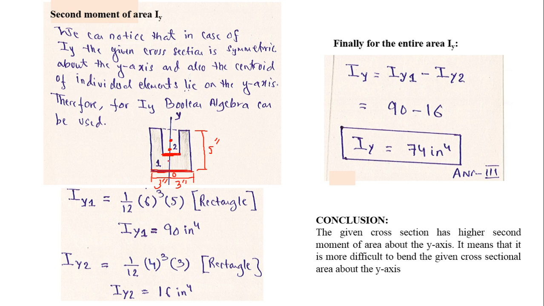Since this is 1 inch, this was given to be 1 inch, therefore this dimension appears to be 4 inches, because you have to subtract 1 inch from this side and 1 inch from this side from the dimension of 6 inches to get this 4 inches.